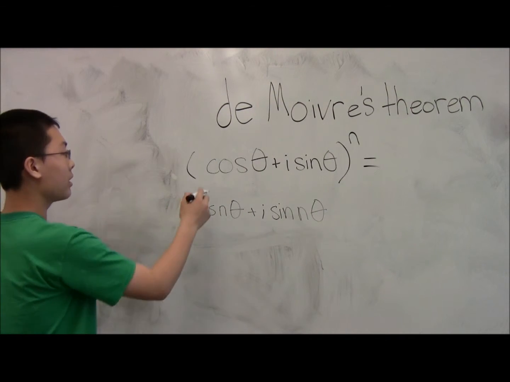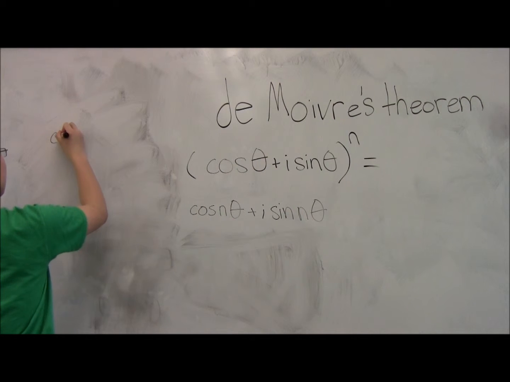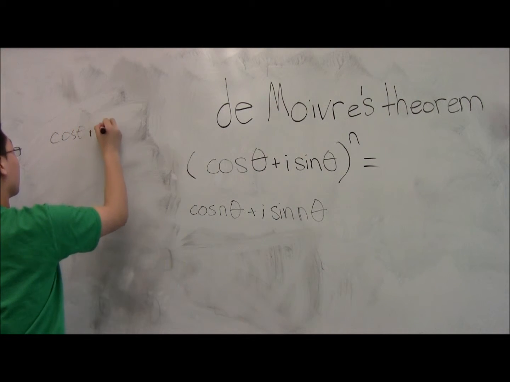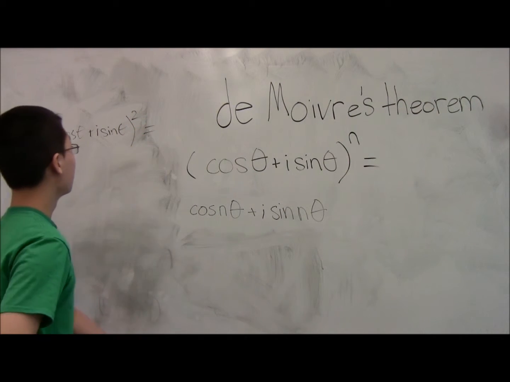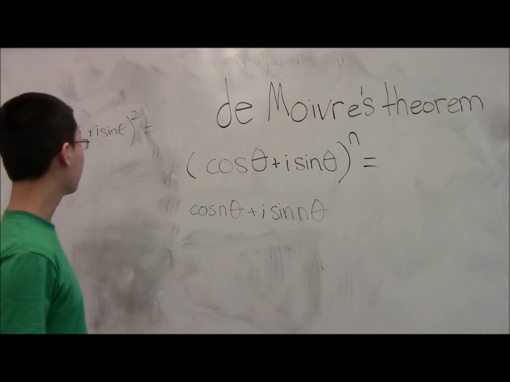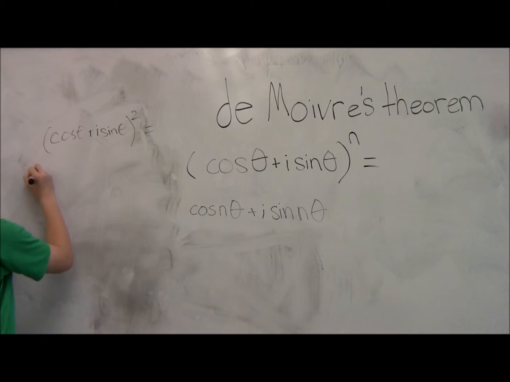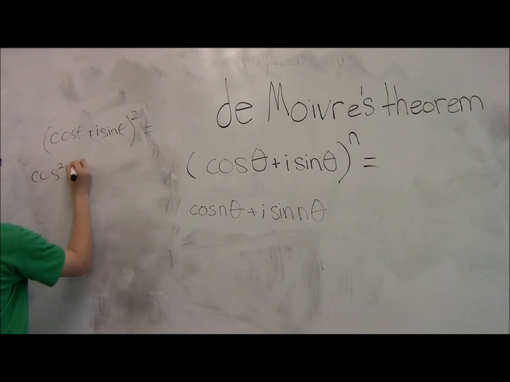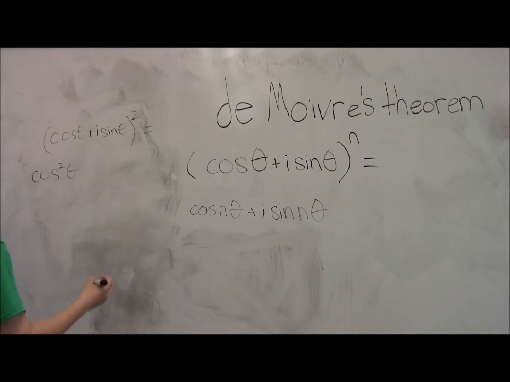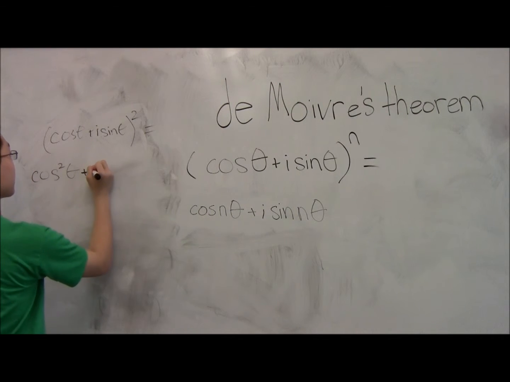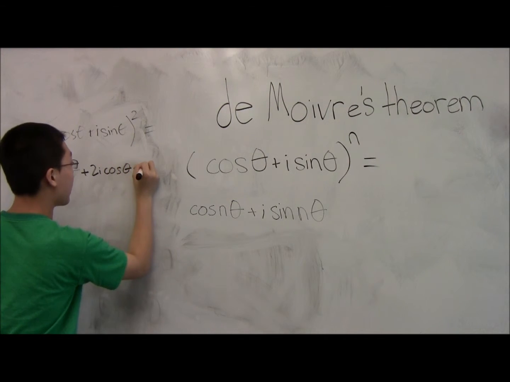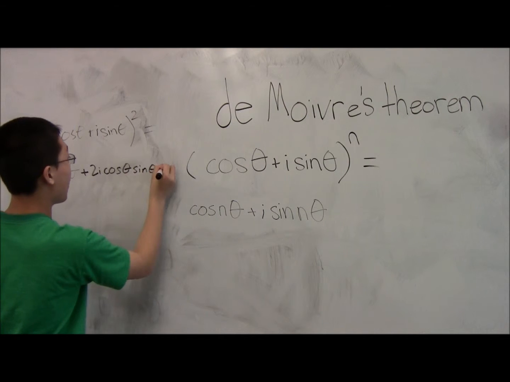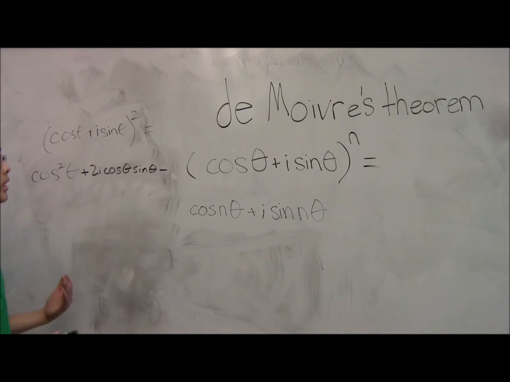So we take the cosine of theta plus i times the sine of theta, and when we square that and we FOIL it out, what we end up with is the cosine squared of theta, plus 2i cosine of theta sine of theta, minus, because there's the i squared, that's a negative 1, you minus that and you get sine squared theta.